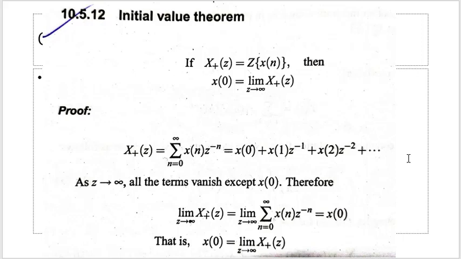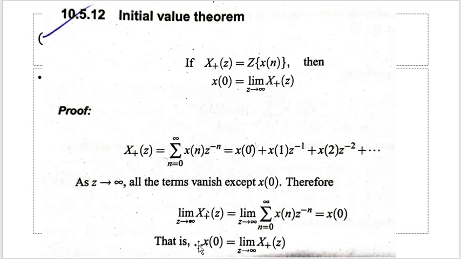All those terms will be like 1 by infinite, 1 by infinite, 1 by infinite. That's why wherever there are z terms, all those terms will be 0 if z tends to infinite. Only x of 0 will remain on the right hand side.